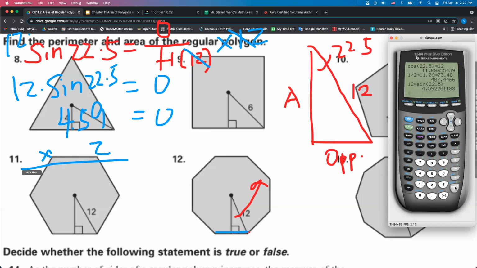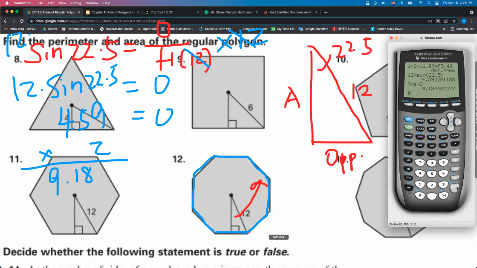Using a calculator, times 2 gives you 9.18, and that's the whole side. But we want the perimeter. What is my whole perimeter going to be?